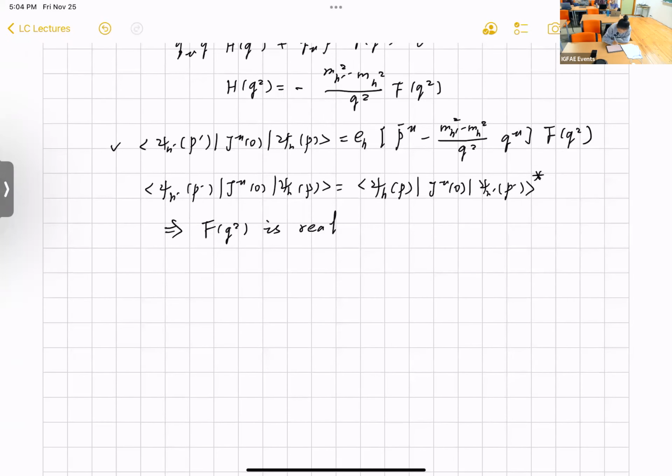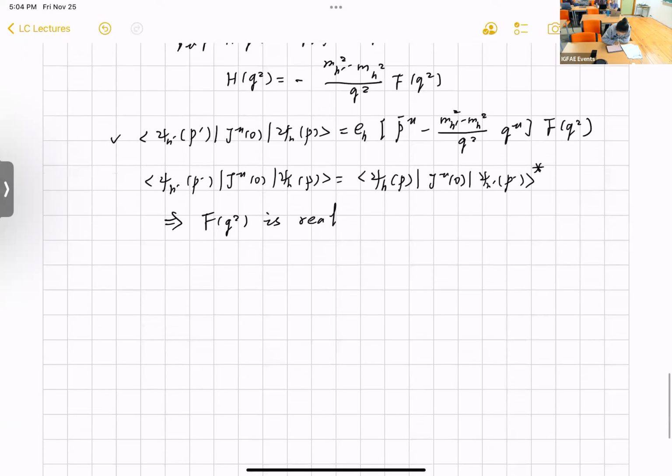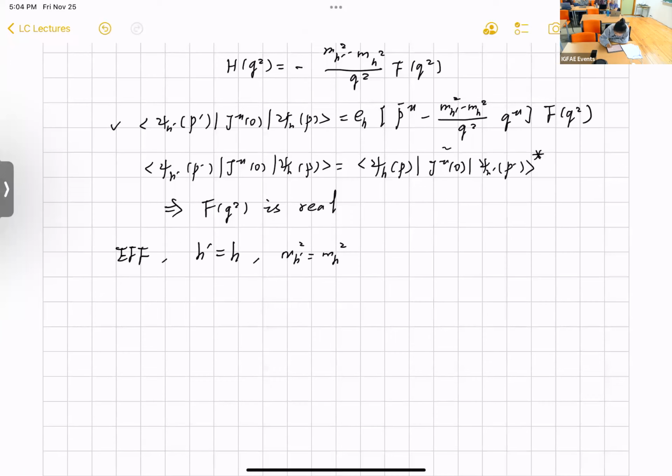Okay. So when we are making this derivation, we keep in generic terms that H' can be one meson and H can be a different meson. Now for the elastic process, when we look at the elastic form factor, the initial and the final masses are the same, right? Meaning H' equal to H, and of course their masses are the same. So this means this term would vanish, right?